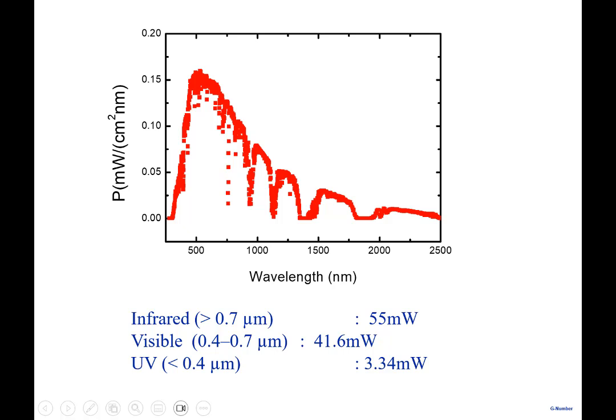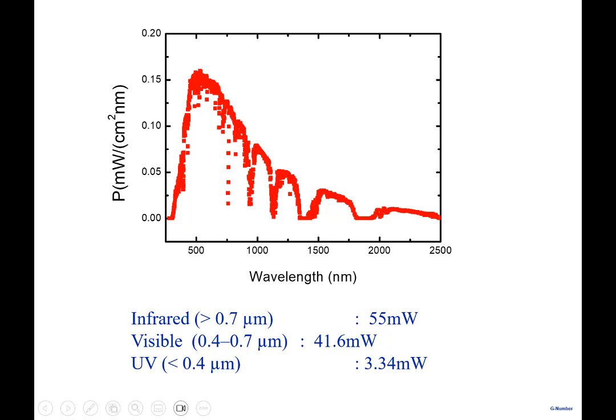Now you can do a further analysis of this radiation. These are measured data actually falling on the Earth's surface. If you do an analysis, infrared is the region greater than about 700 nanometer. This is 500, and somewhere around here is 700 nanometer. So all radiation greater than 700 nanometer is classified as infrared.